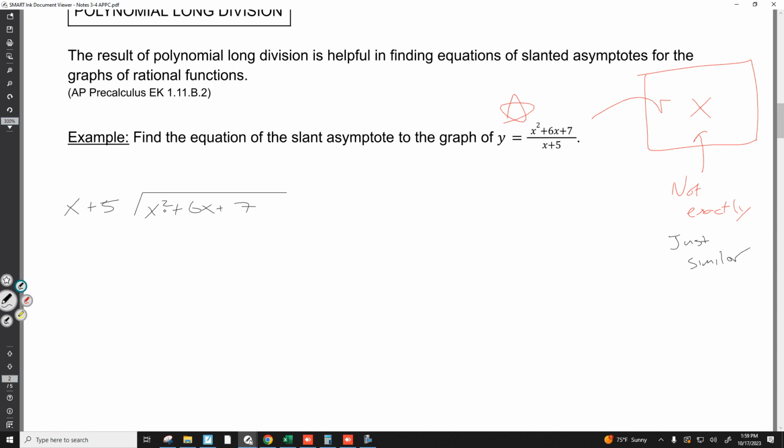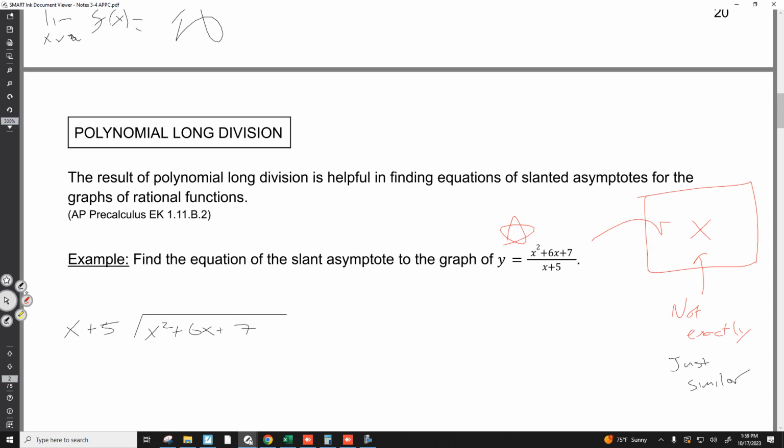Now, do you guys know how to do long division? Well, let's remind ourselves how to do long division. Let's take 5,678 and divide it by 3.